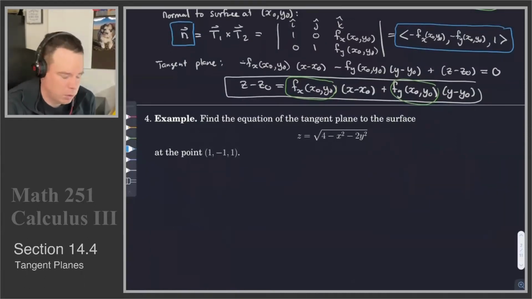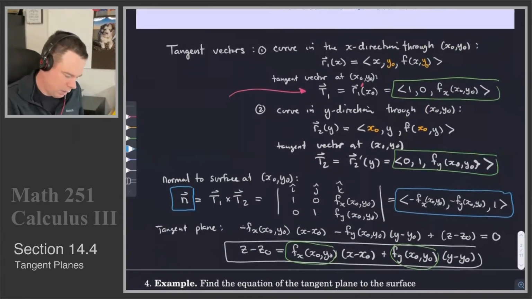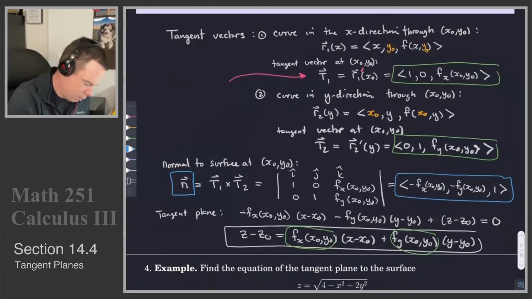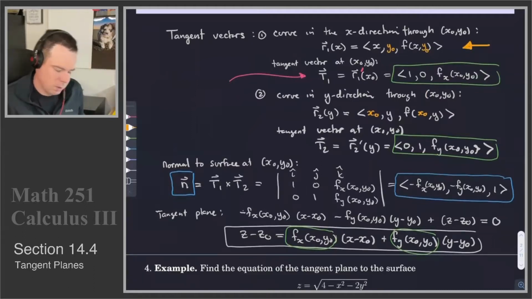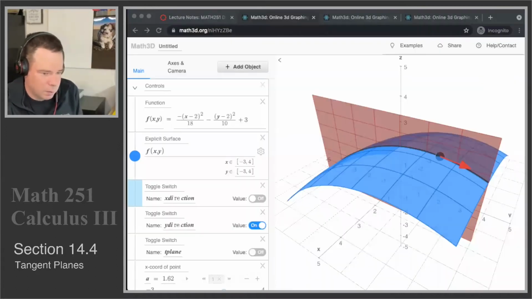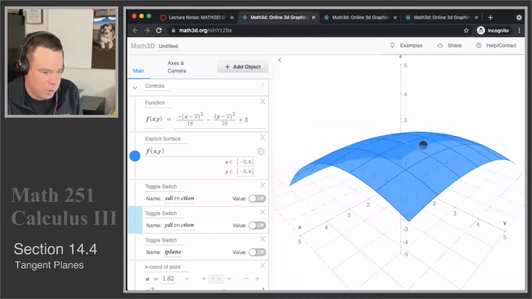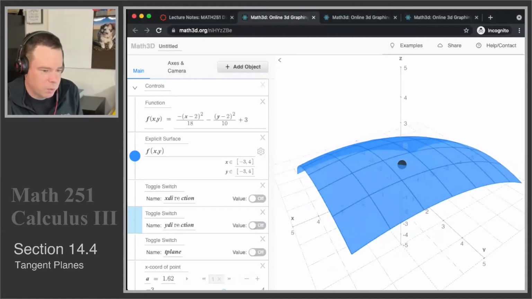Yep, so the question was, in curve 1, y is a constant. Why did I call it y naught? And so that comes back to this construction here. I'll turn everything off. What we're interested in is what's going on at this point on the surface.